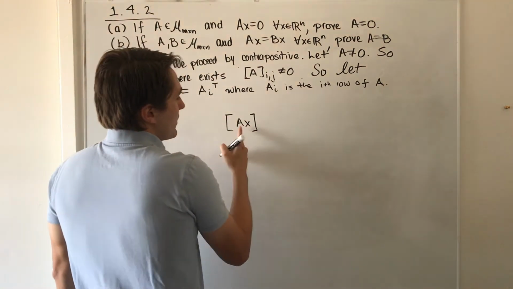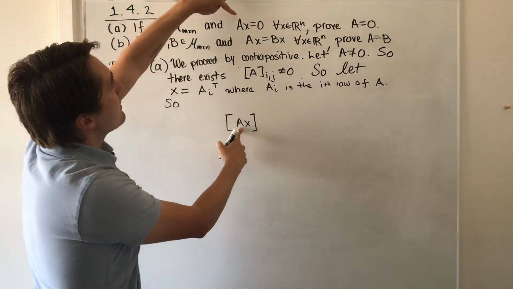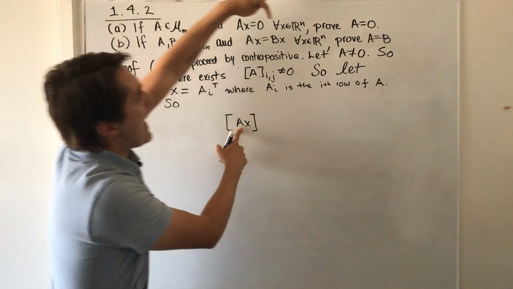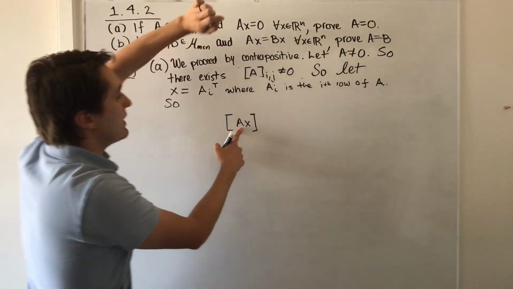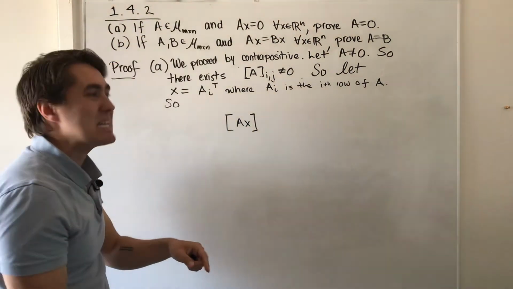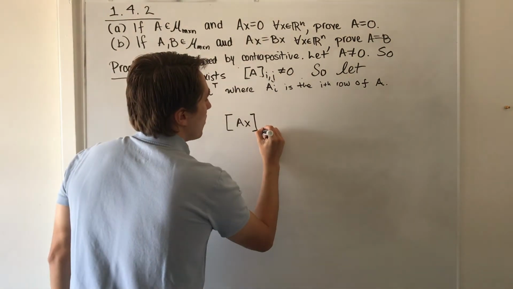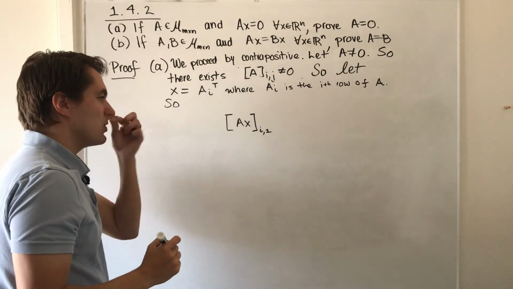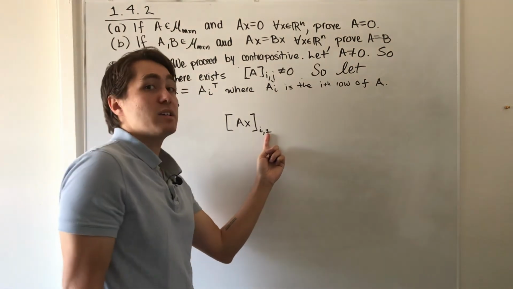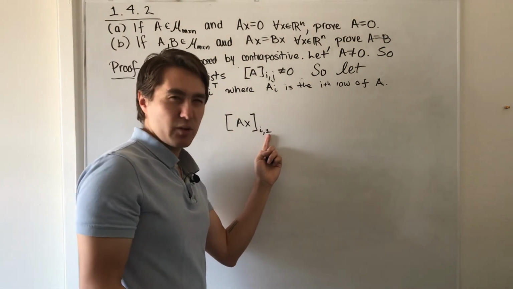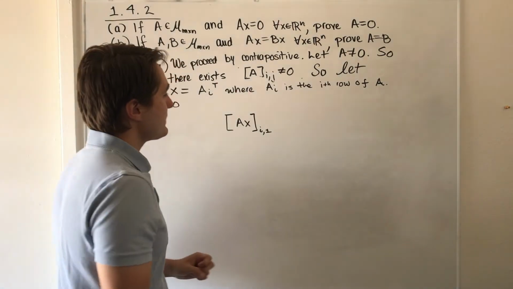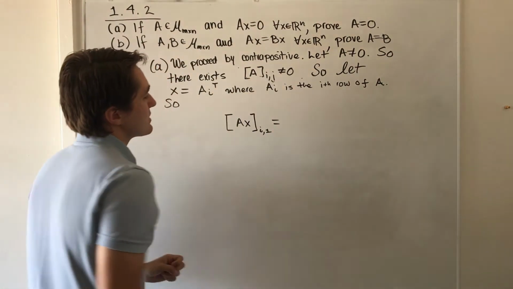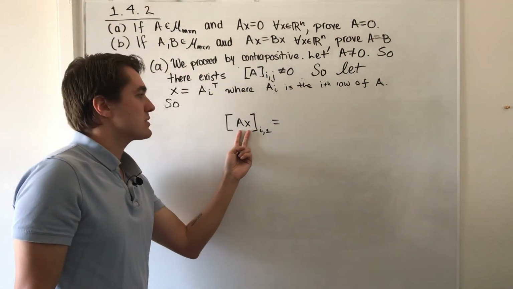A was an m by n matrix, and x was a vector in Rn, so Ax is just an m-dimensional vector. I'm being quite explicit here, and really I don't have to add the 1, because since it's an m-dimensional vector, there's only one column. But I'm trying to be explicit when I multiply these two things.